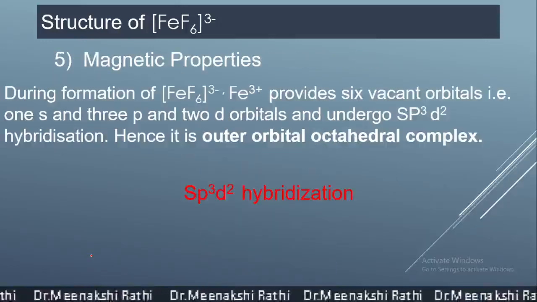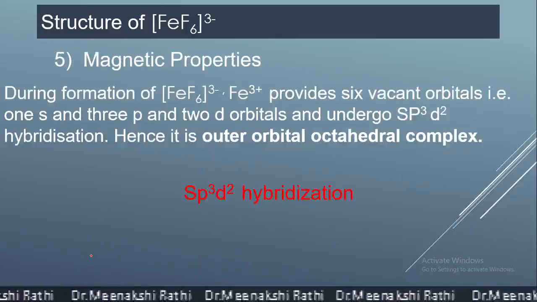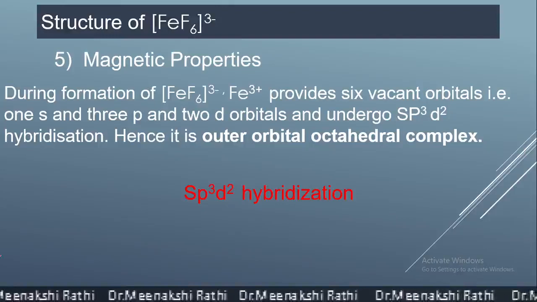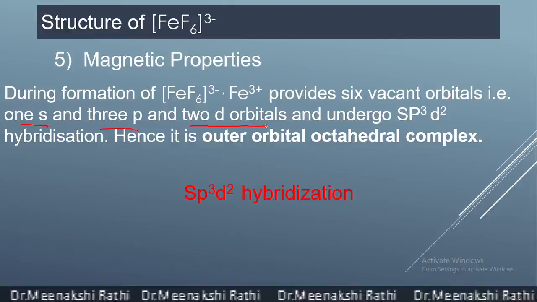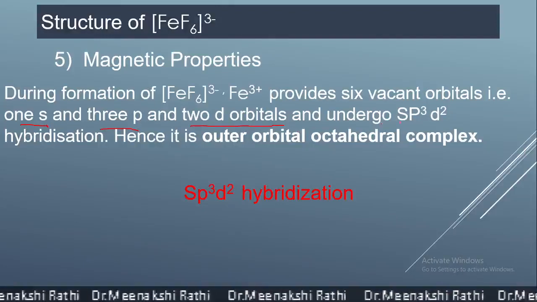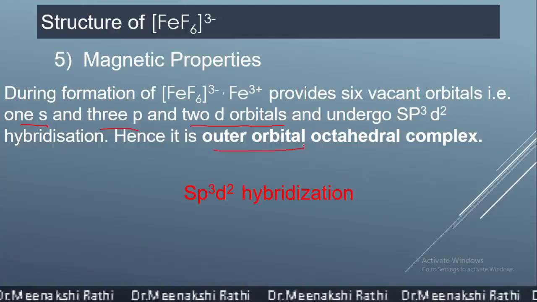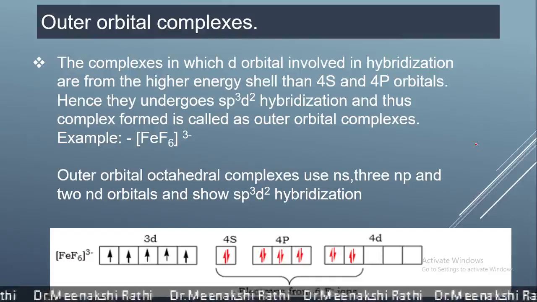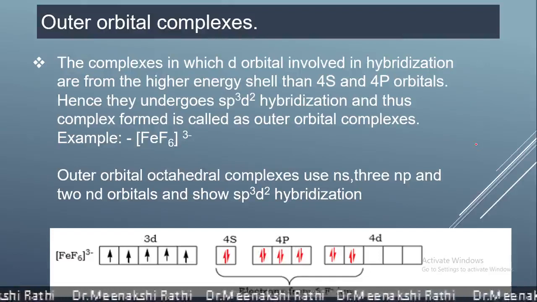Now during formation of the hexafluoroferrate ion, Fe3+ provides 6 vacant orbitals, that is 1s, 3p and 2 d orbitals, and undergoes sp3d2 hybridization. Hence it is known as an outer orbital octahedral complex. Now what do we mean by outer orbital complexes?